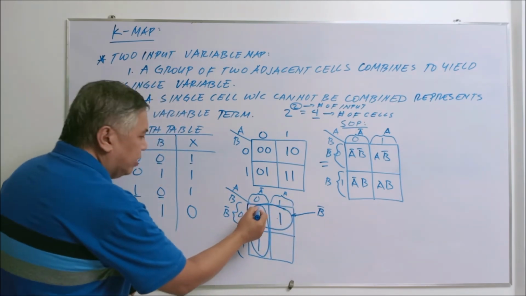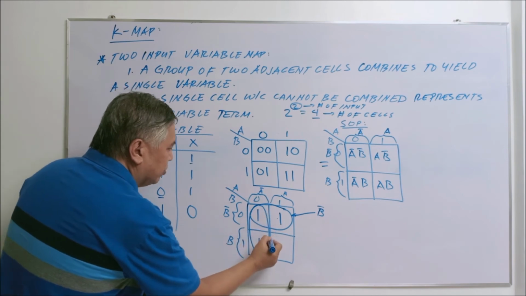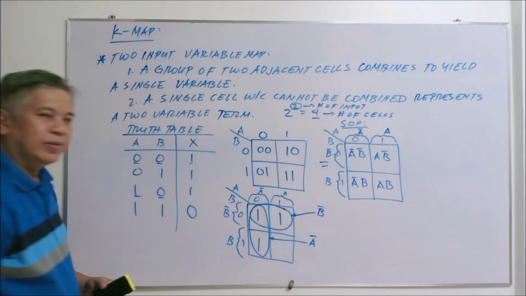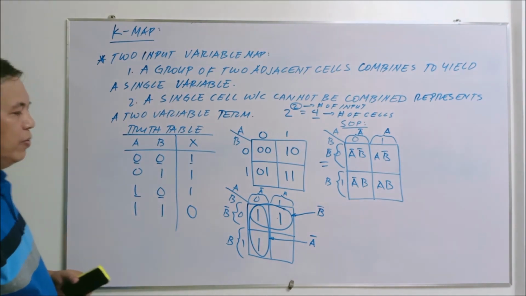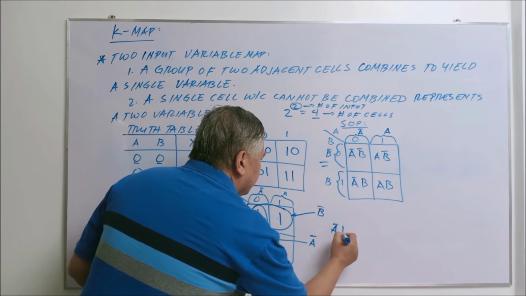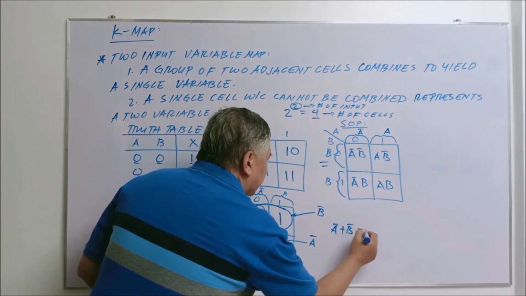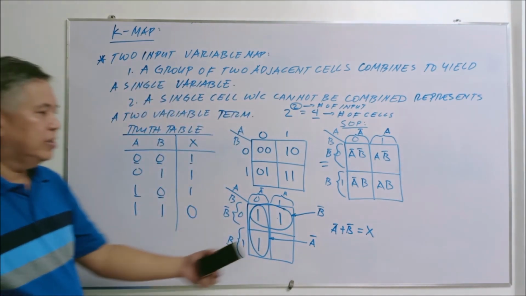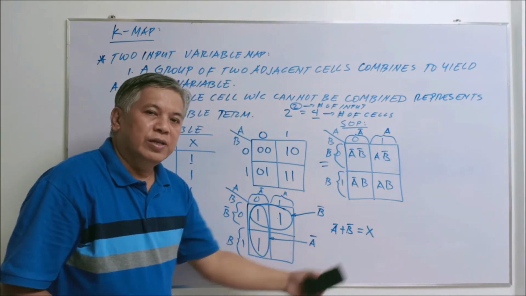And these two cells belong to A bar. Okay, so our equation now becomes A bar plus B bar is equal to X. That will be our simplified equation.